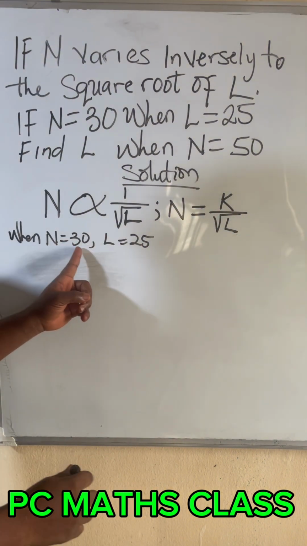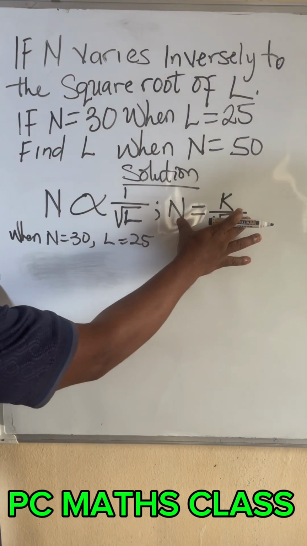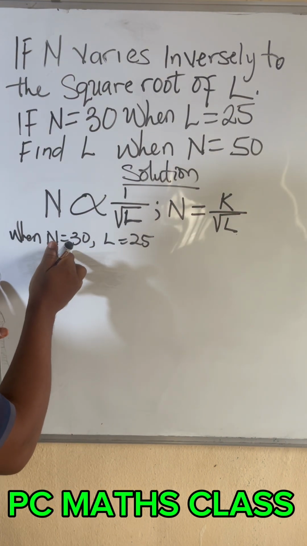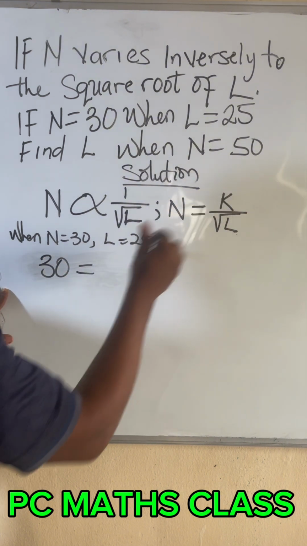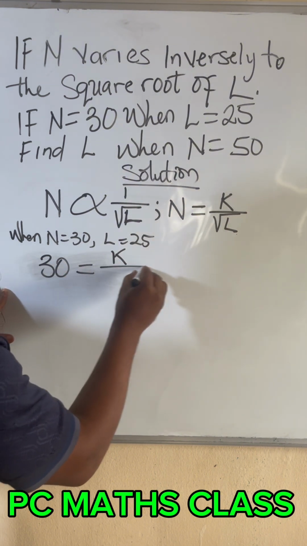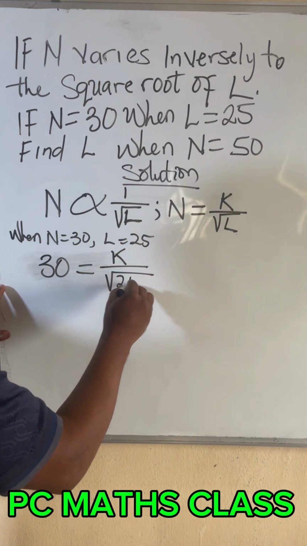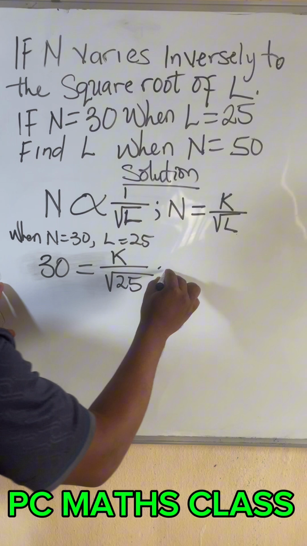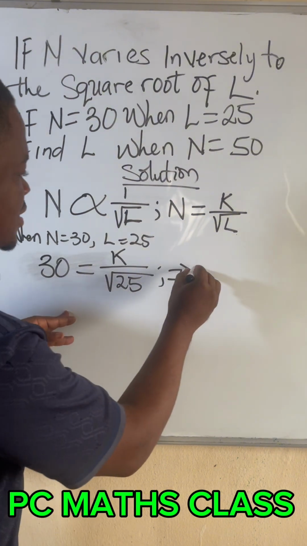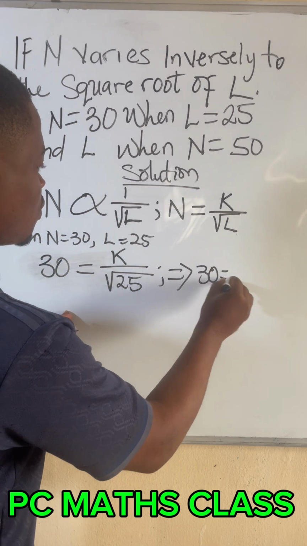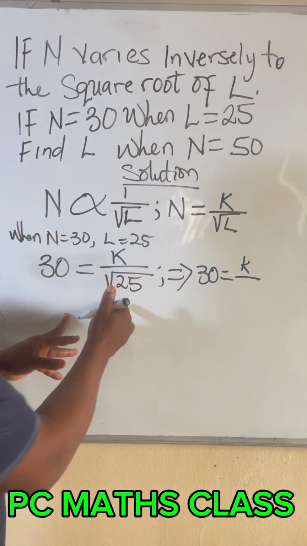So when n is 30, L is 25. Now, let's substitute here. We have that n, 30, is equal to k divided by the square root of 25. This implies that 30 is equal to k divided by, what is the square root of 25?